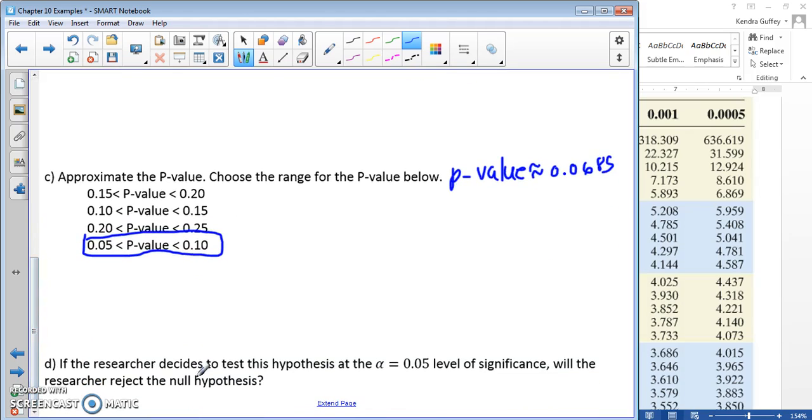And then lastly, we want to know, will the researcher reject the null hypothesis? So our p-value versus alpha. So our p-value is greater than alpha.